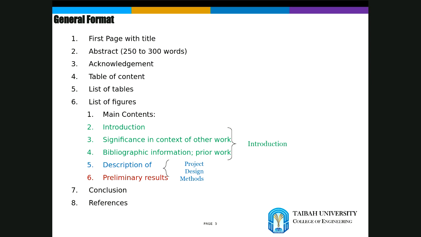From the introduction, which is the first thing you start after the list of figures, we should see how your work is connected to the previous work. You start with a general idea, very basic information, and then you move on to the specifics. Let's give an example.